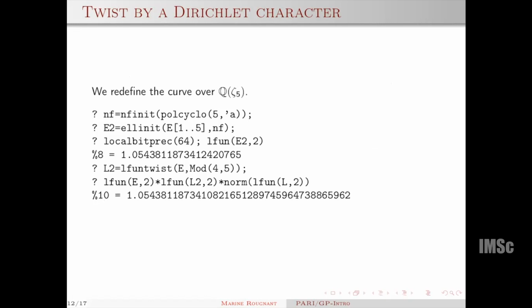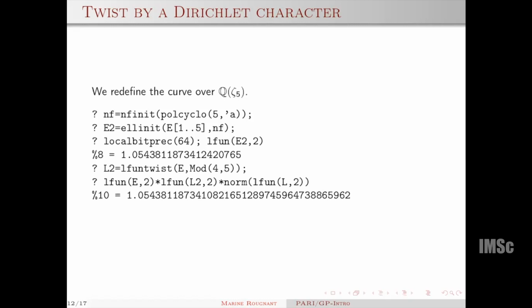So if I want to define the same curve over Q of theta 5, just begin by initializing your number field here with the cyclotomic polynomial at 5. Don't forget to use another variable than x to avoid any problem. So this is my number field. To define the elliptic curve over this number field, I just specify the number field here, and I can create the associated L function.